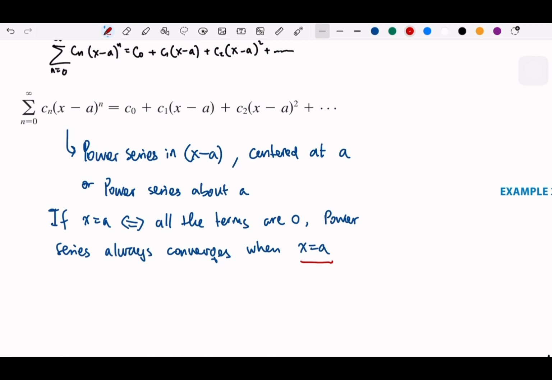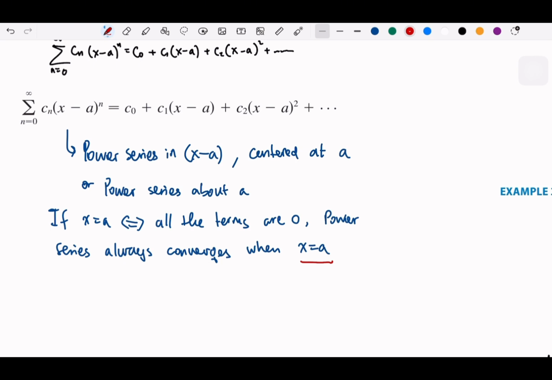Because we are dealing with geometric series, I would like to say the power series is kind of like geometric, in that it has a ratio that we multiply. For example, here it's x minus a, multiplied throughout the terms.